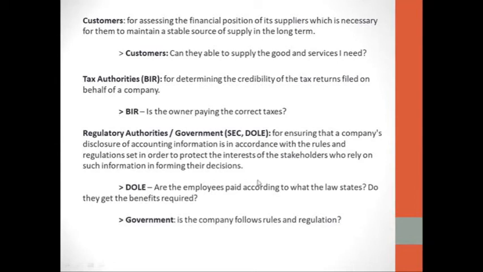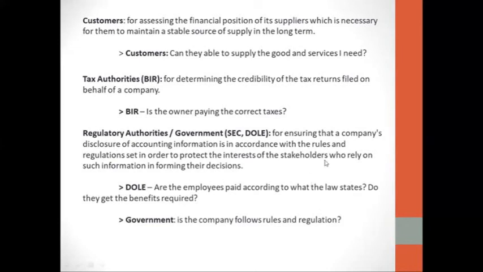So the government should answer the question, does the company follow rules and regulations? So of course, business has its rules and regulations that need to be checked by the government through the accounting information they have. So dapat compliant lagi tayo sa mga rules and regulations we set up, because the government will need to check that through our accounting information.